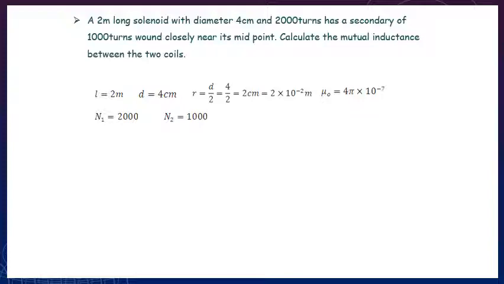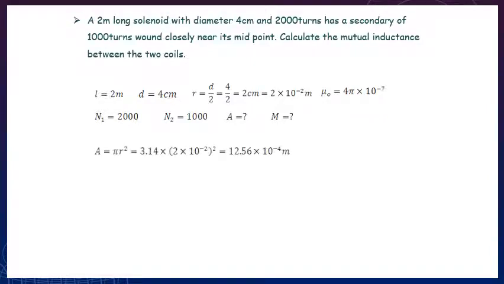Then you have to remember your constant value mu naught, that is 4 pi into 10 power minus 7. Then you have N1, number of turns in the inner solenoid, as 2000 turns, number of turns in the outer solenoid as 1000 turns. You have to find out your area and mutual inductance.